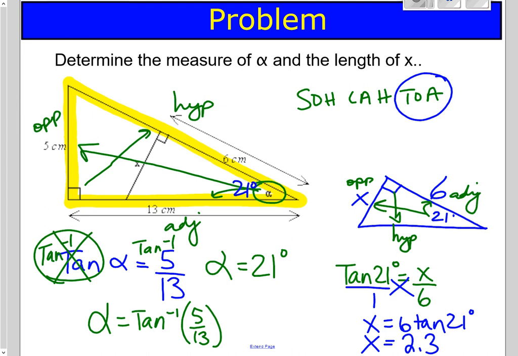So 2.3 centimeters. Perfect. So it's okay, you can have triangles inside of triangles. Again, as long as they have that 90-degree angle, then we can use our primary trig ratios in order to solve this and figure it out.